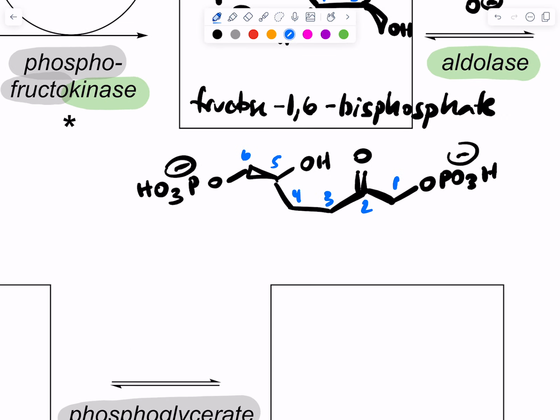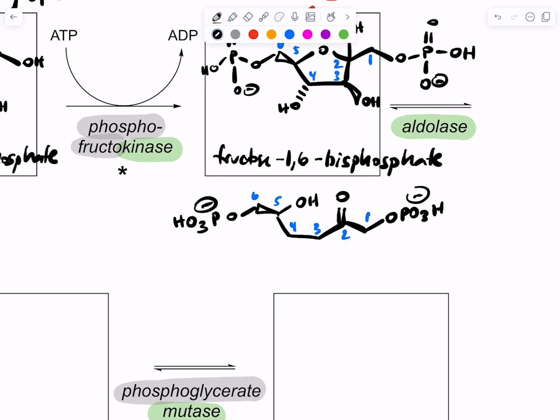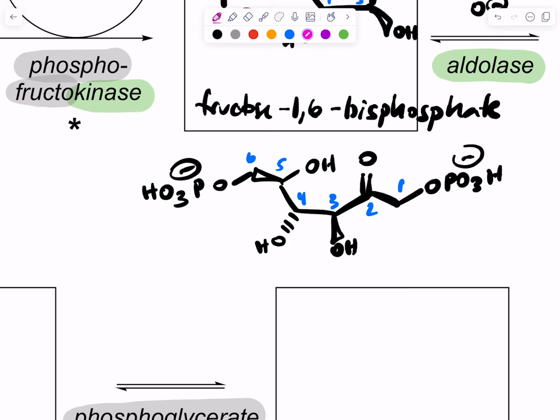Okay, and remember the pattern you're looking for in a retroaldol reaction. The bond that you're going to break is the bond between the alpha and the beta carbons. So this is the bond that's going to get broken. And the beta carbon, after the reaction, is going to become a carbonyl carbon.